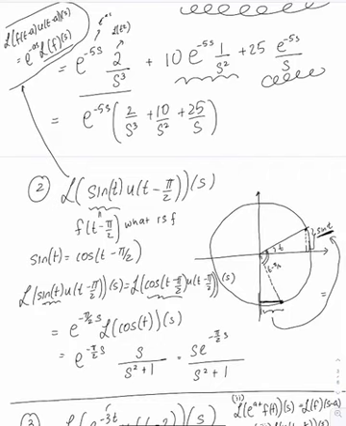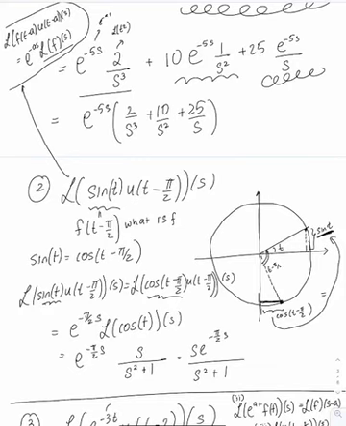That is exactly the x coordinate. Okay, so that is the cosine of t minus pi over 2. So you know that sine t is cosine of t minus pi over 2. So instead of writing sine t, we will write cosine of t minus pi over 2. And now we can apply the formula where you have f of t minus a times u of t minus a.